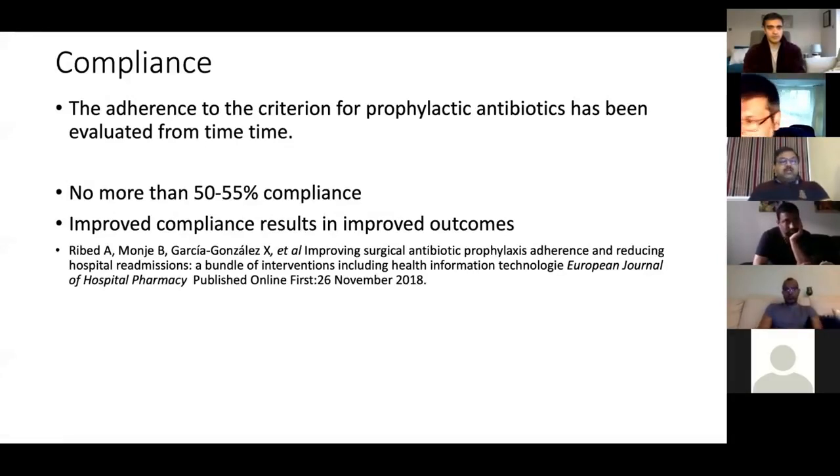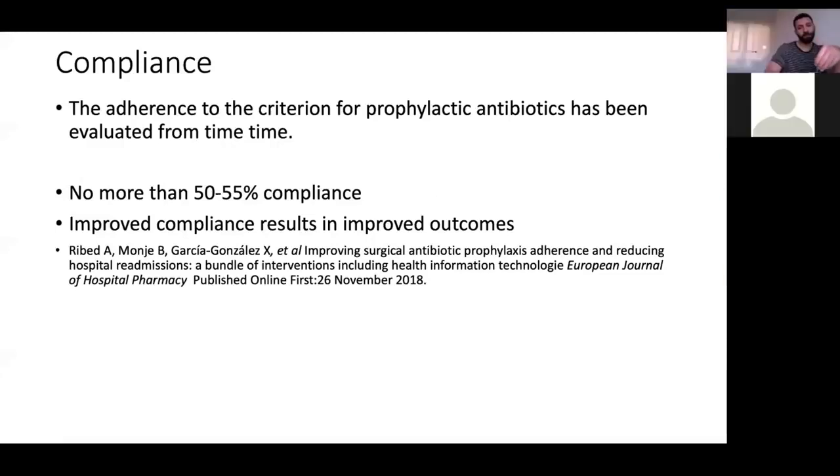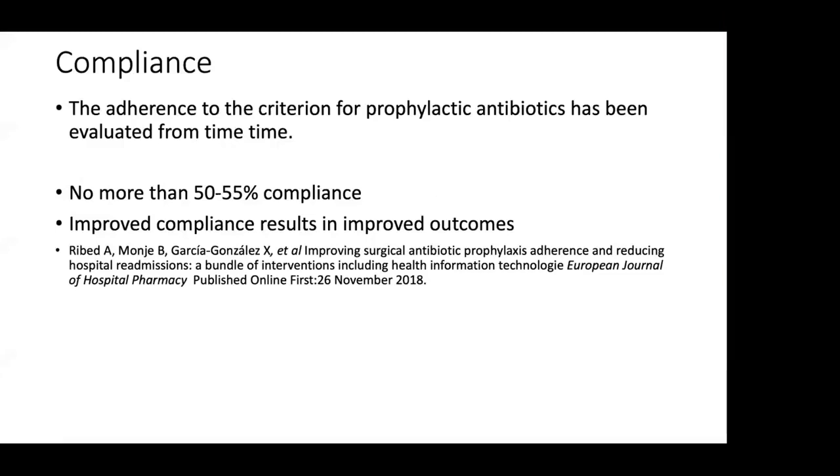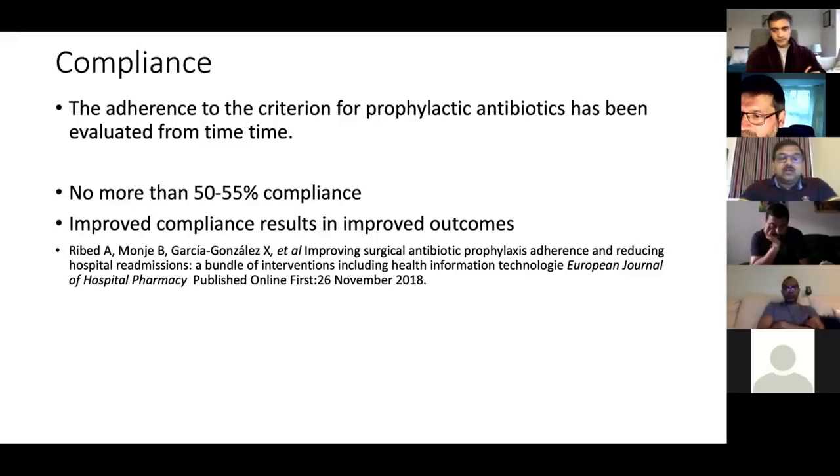One important thing which I could find was this reference, which says that adherence to the criteria for prophylactic antibiotic has not been perfect. This was audited and reported in this paper in 2018: no more than 50 to 55% compliance was found, even in centers in Europe.